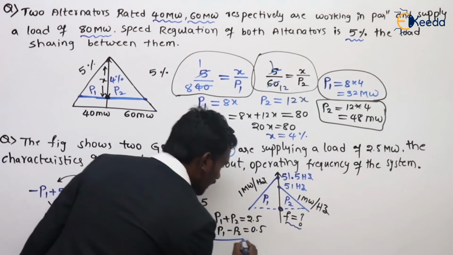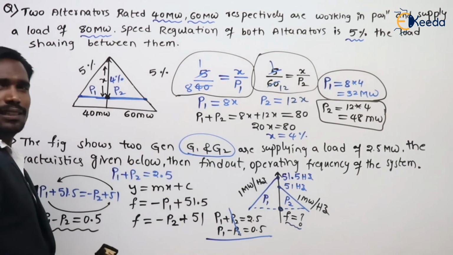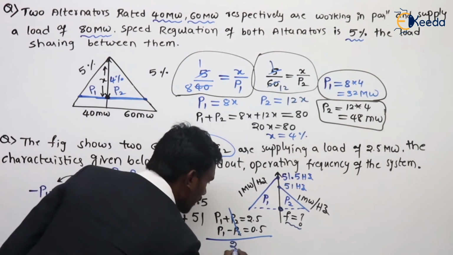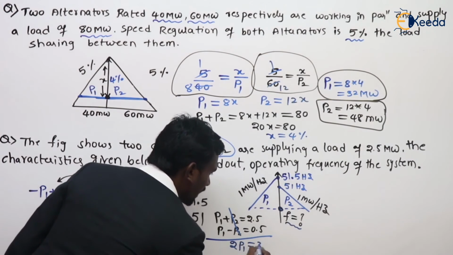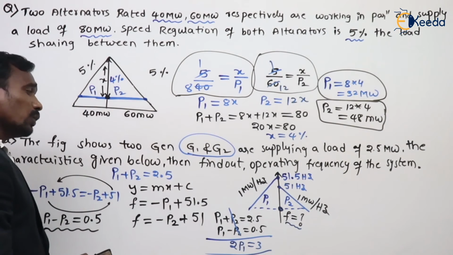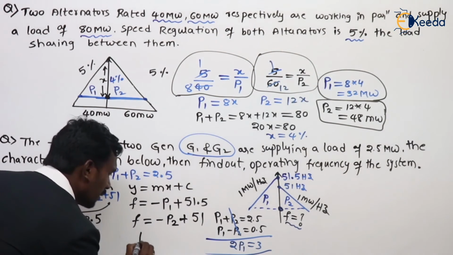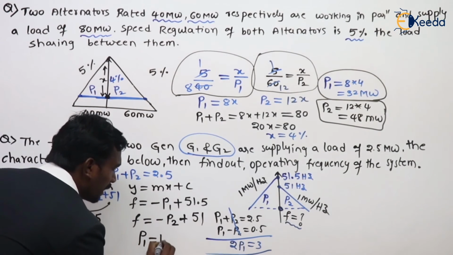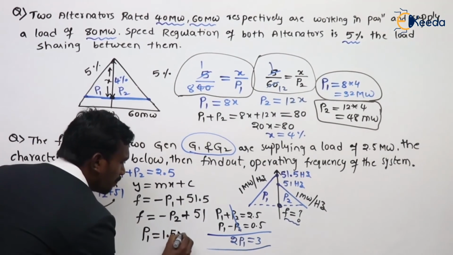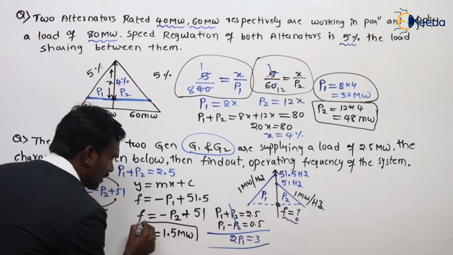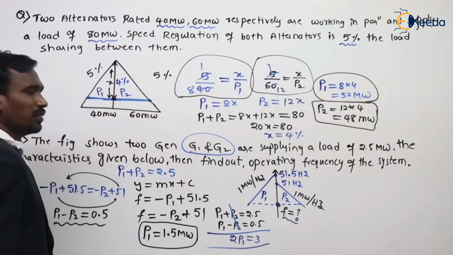So calculate. P2 gets cancelled. 2 times P1 is equal to 3, so P1 is equal to 1.5 megawatts. Very simple.